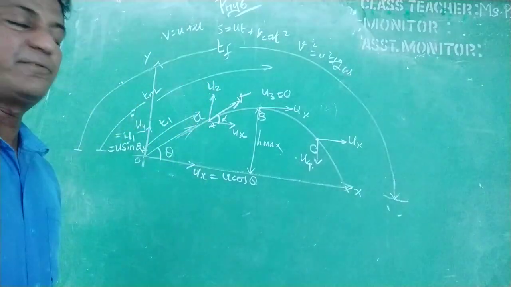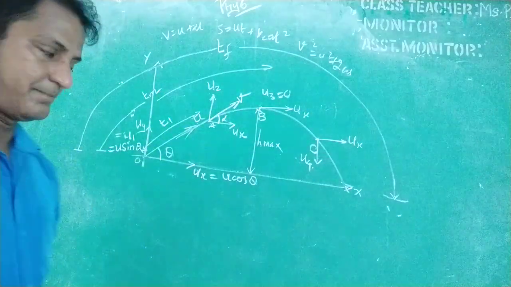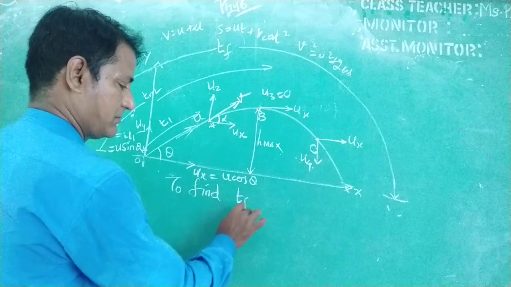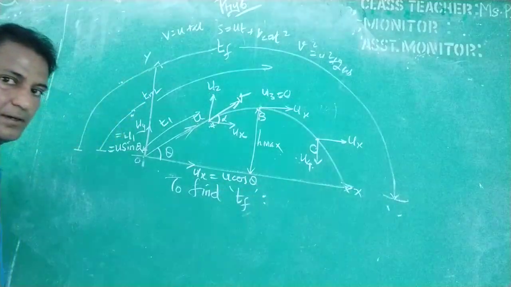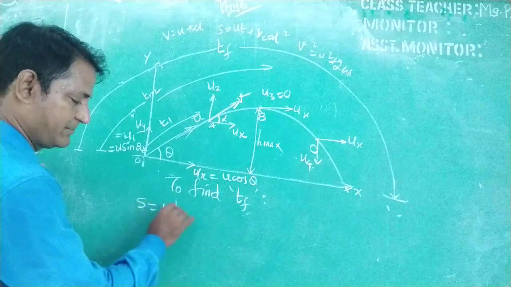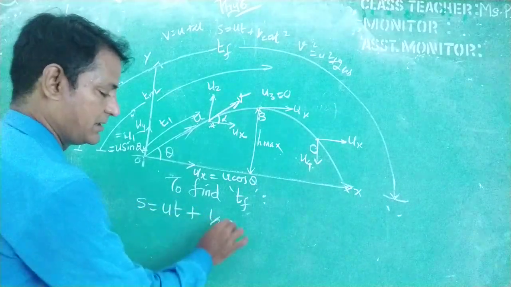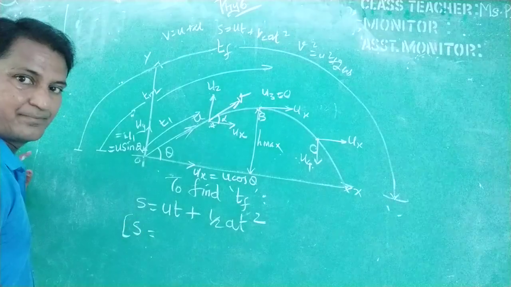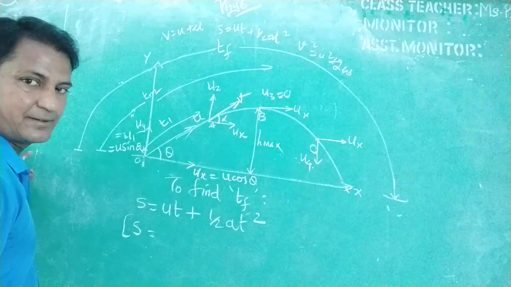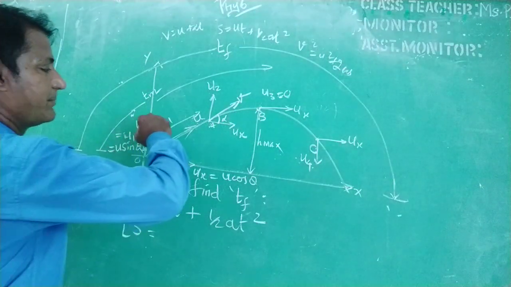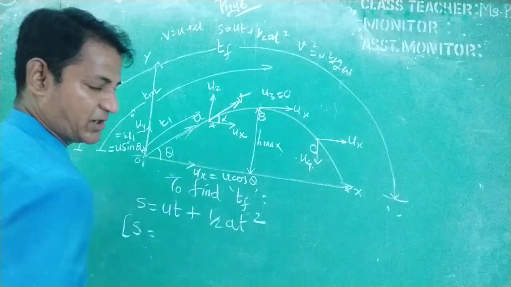Now, if you want to find out the time of flight, I am going to use this equation of motion, s is equal to ut plus half at squared. So s is the height when the projectile reaches the ground.